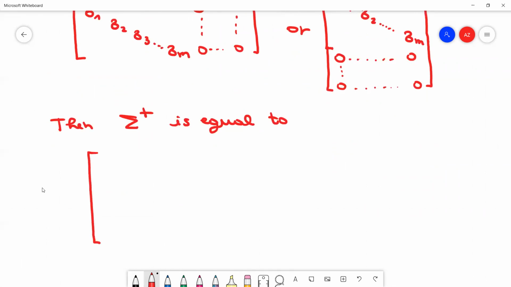So in the first case, we just swap the number of rows and columns, and we have then sigma 1 plus, sigma 2 plus, and so on, sigma plus, and some 0 rows below.